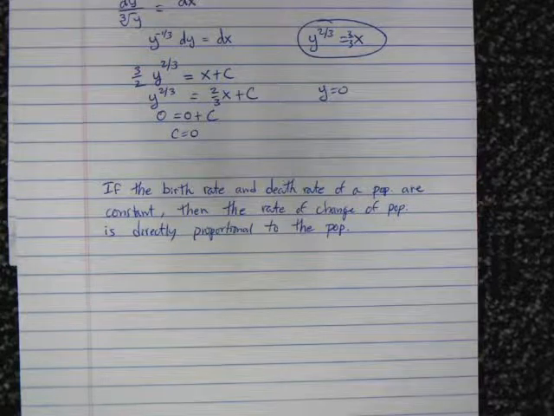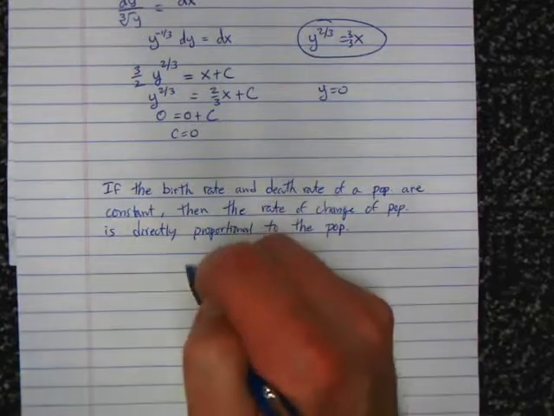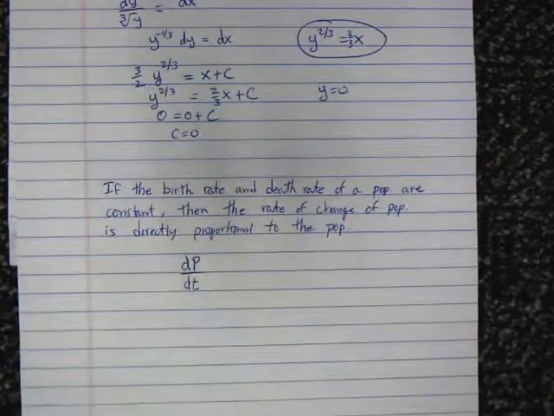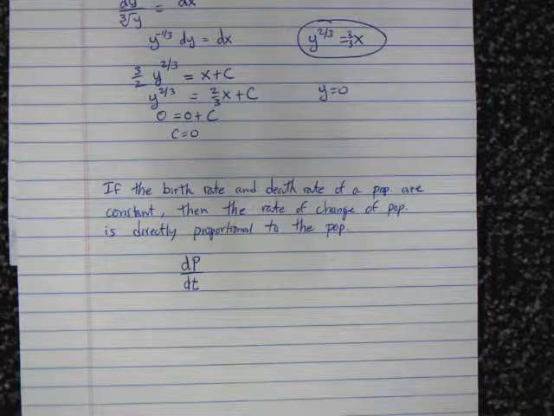So what's a symbol I would use for rate of change of population? I would probably use dP/dt, although you had the right answer, it's a derivative. Why do I use dP/dt?